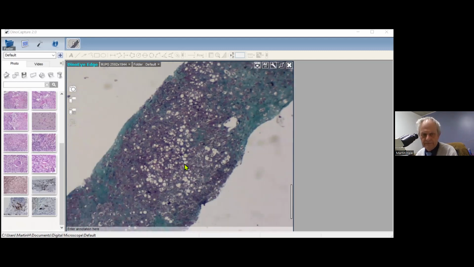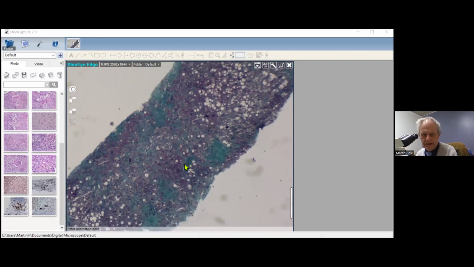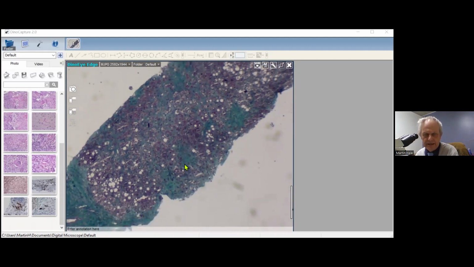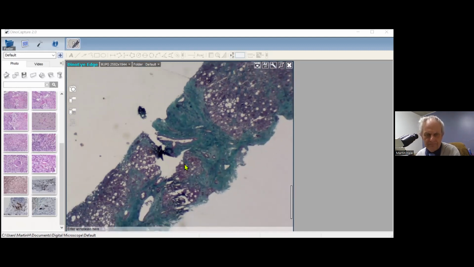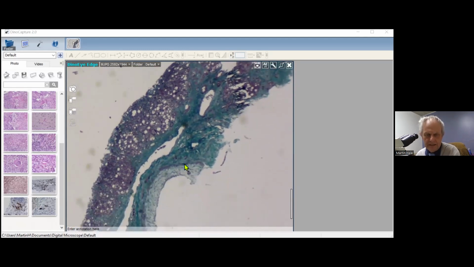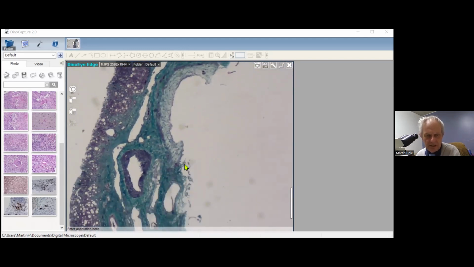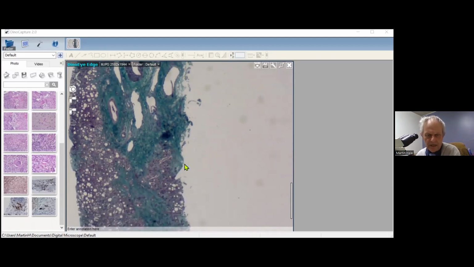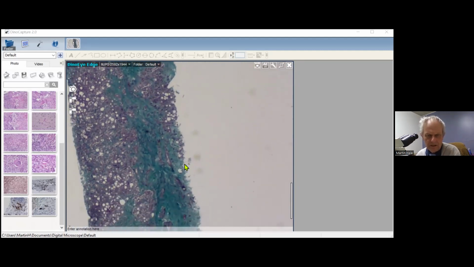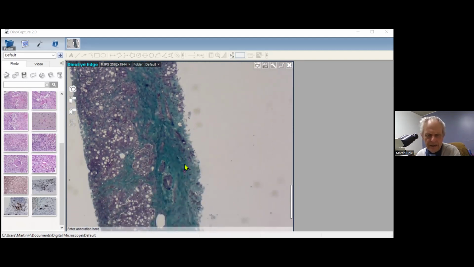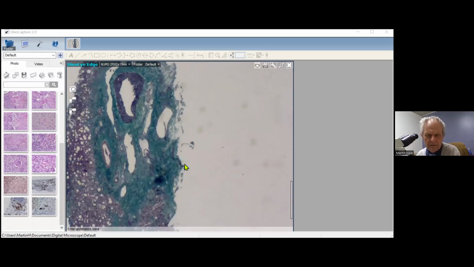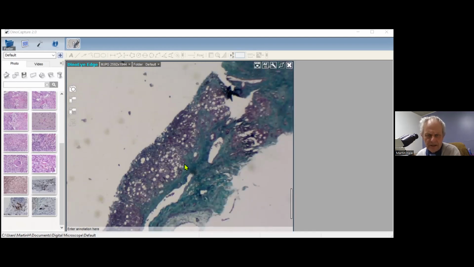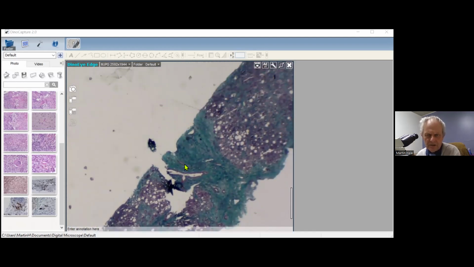Now the question is, and this is really where the interpretation comes in, is this cirrhotic or not? Some of us would probably say yes, she is cirrhotic. Others would say no, not cirrhotic. I think we would all agree that there is architectural distortion here. But I'm not convinced personally that this is cirrhosis.